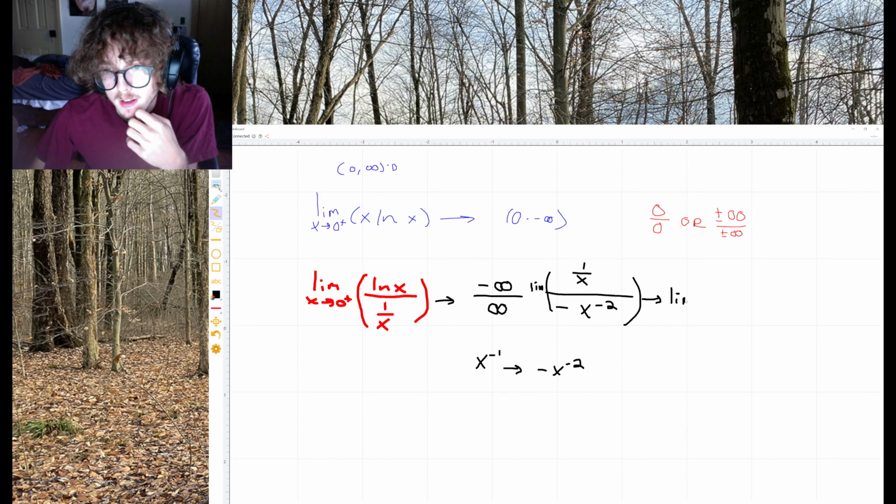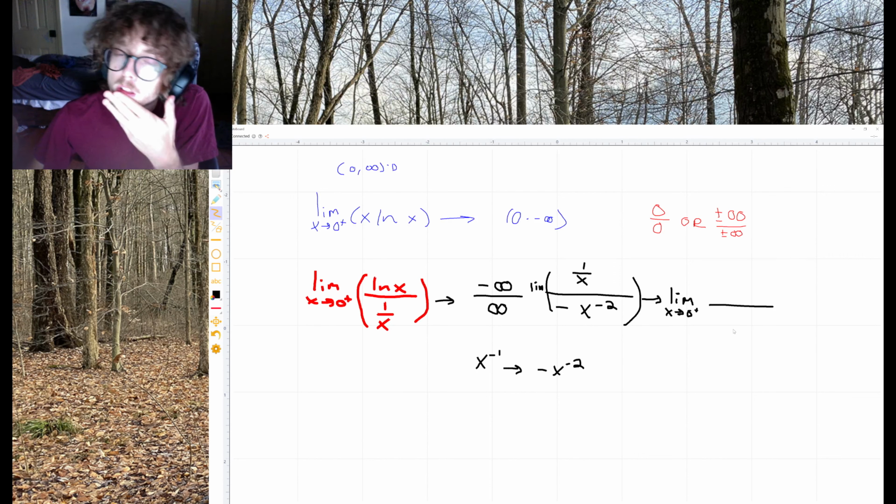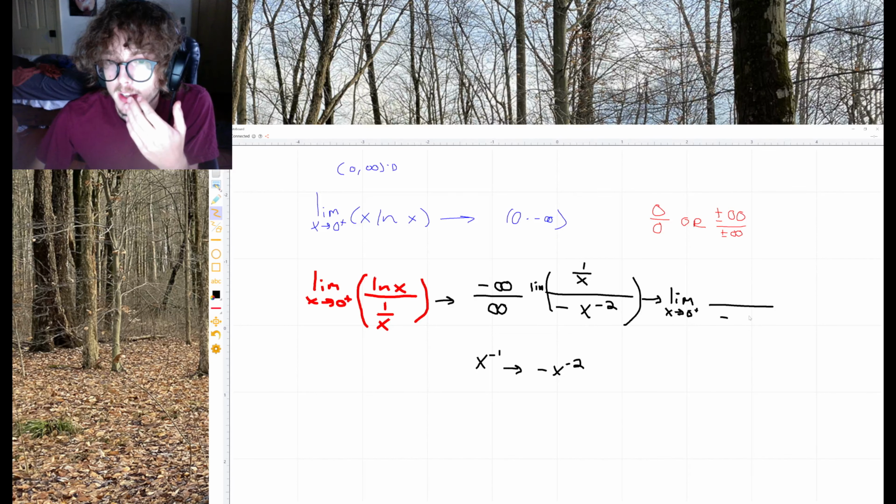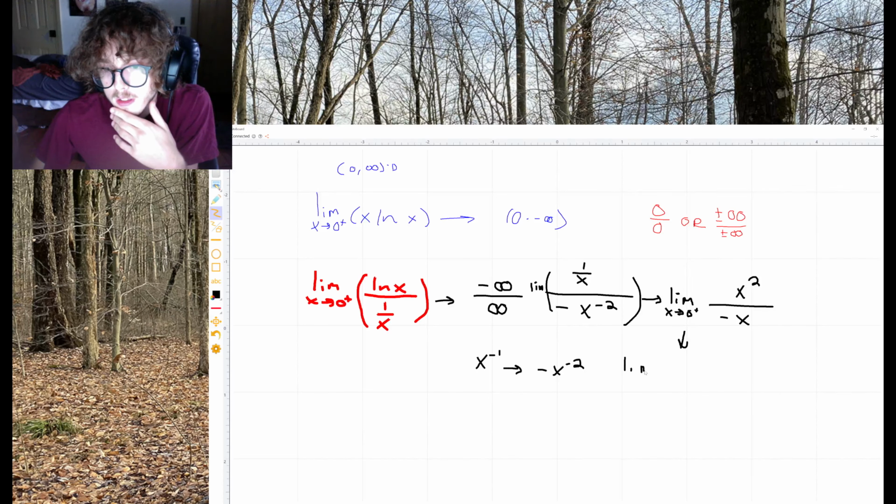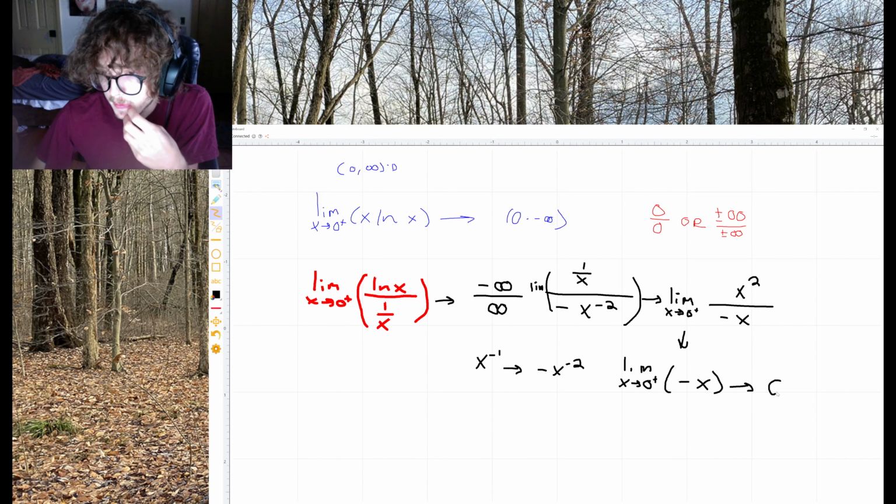This is the limit as x approaches 0 from the right. We have negative x over x squared, and we can just cross out one of the x's, which is going to be negative x, which goes to 0.